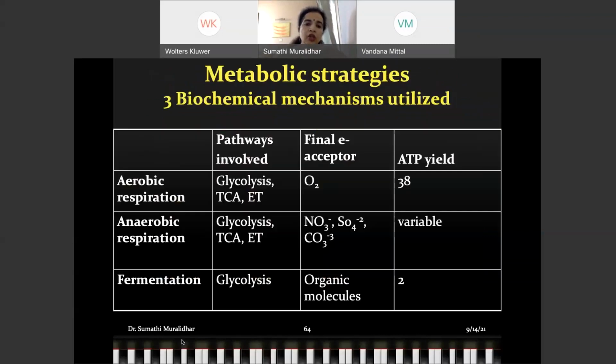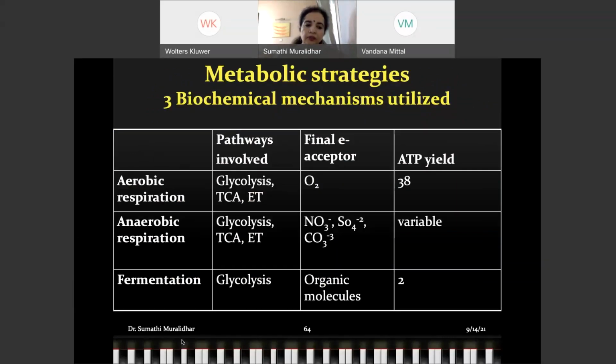And the metabolic strategies, that is, I told you, three biochemical mechanisms basically: the aerobic, anaerobic, and fermentation. In aerobic, I won't go into all the details here because this is more of your biochemistry, where you must have learned all this in your first year. So I'm just trying to give you a kind of a recap.